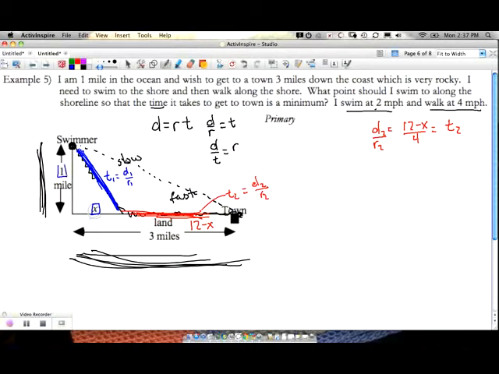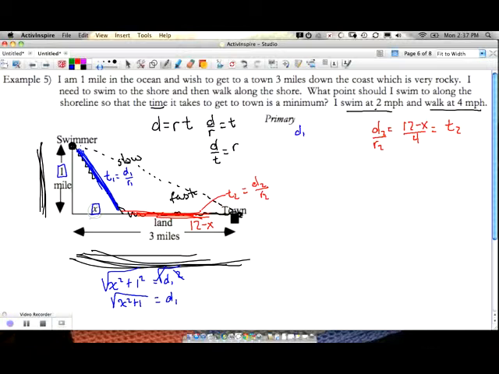All right, let's look at the first distance now. We know we got x and 1, and then if you're trying to figure out the hypotenuse or a diagonal distance, we know that x squared plus 1 squared equals that d1 squared. So if I square root both sides, then I get that distance for the swimming is the square root of x squared plus 1, because 1 squared is 1.